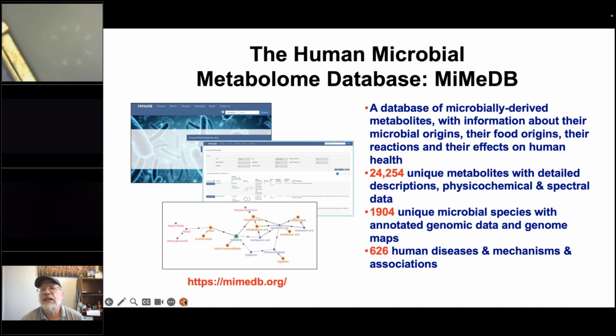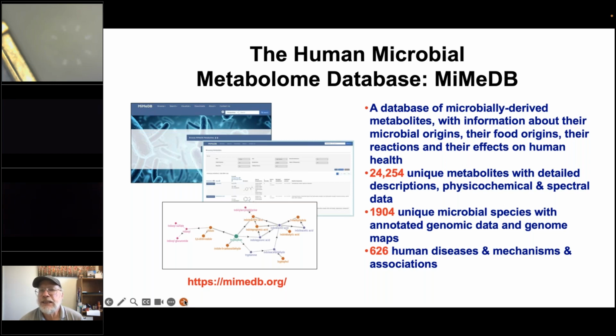The original idea was to have a database of microbially derived metabolites, but we also wanted to include information about the microbes or the microbiome, wanted to include information about their chemistry, also the genes that are associated with them, the effects of food and diet, the compounds and their effect on health.